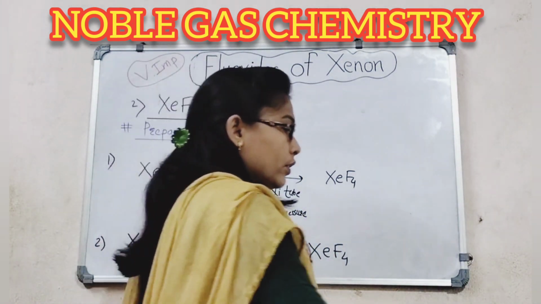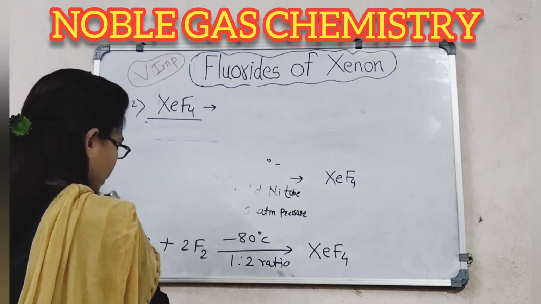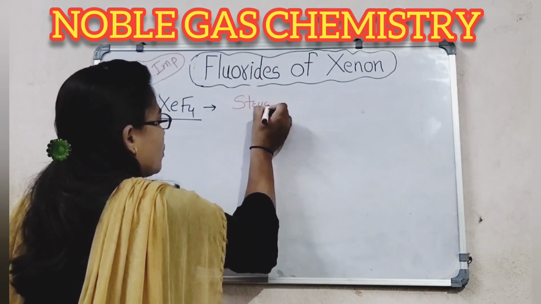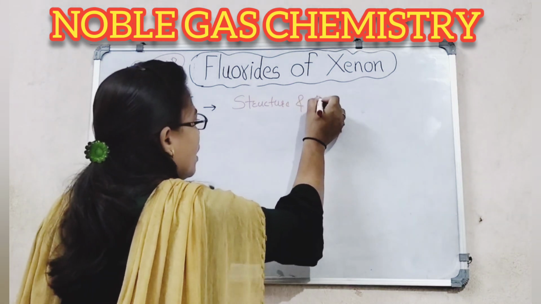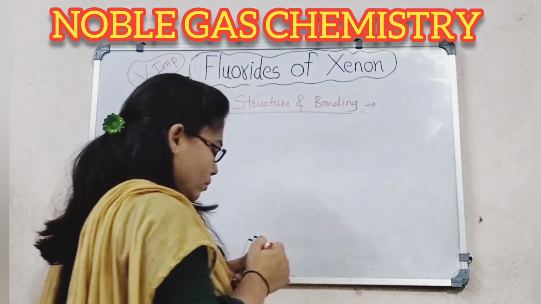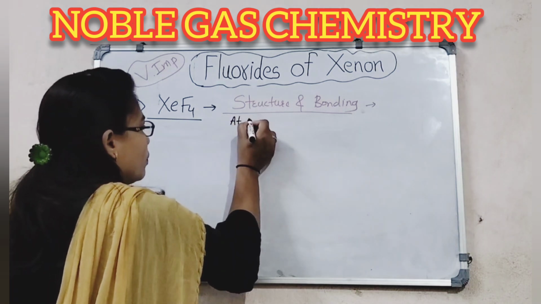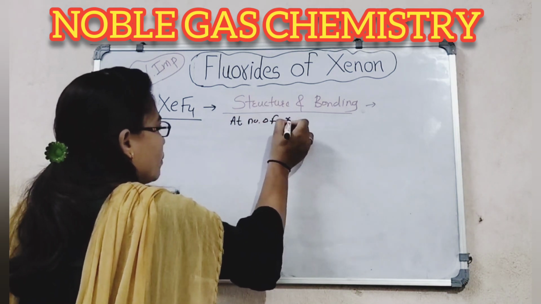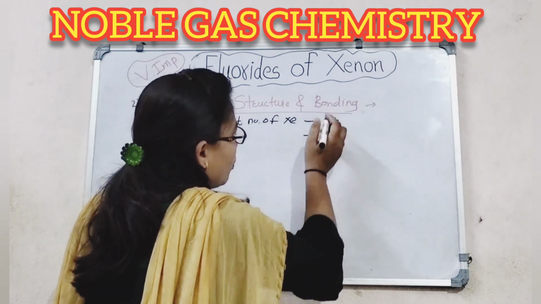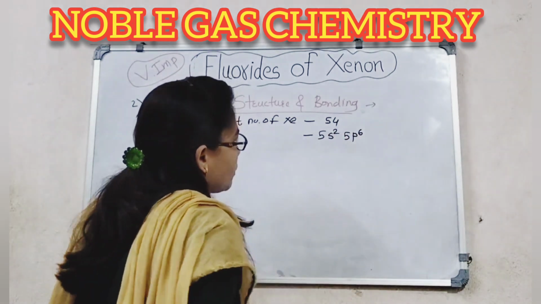Then we see the structure and bonding of xenon tetrafluoride. We know that the atomic number of xenon is 54 and the outermost configuration of xenon is 5s2 5p6.